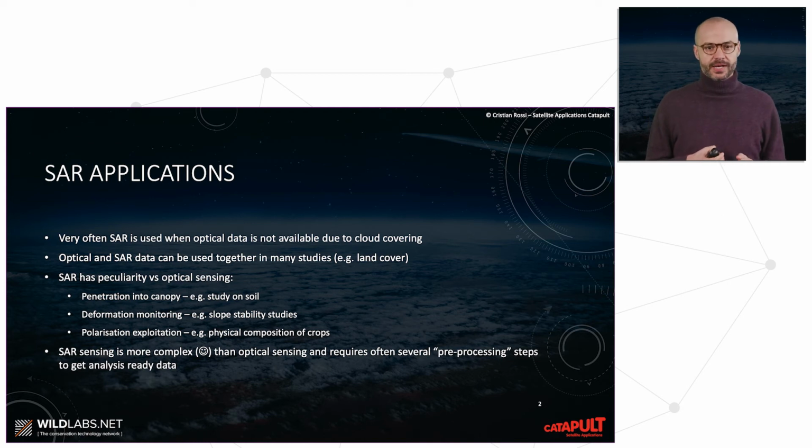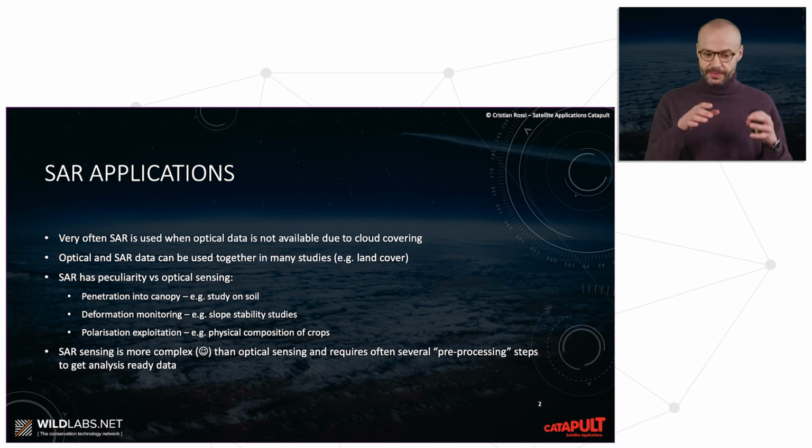Actually, the second point here is also important, that very often they can be used together, to increase the accuracy of our products, for example, land cover. Other peculiarities over optical remote sensing are written there. So penetration into canopy.